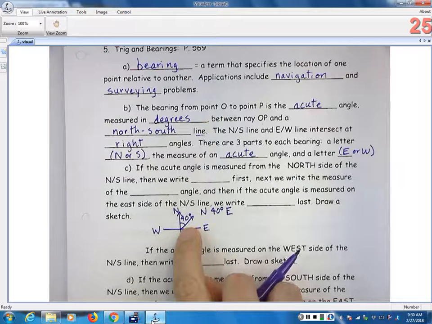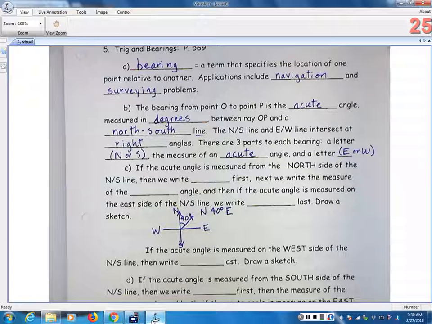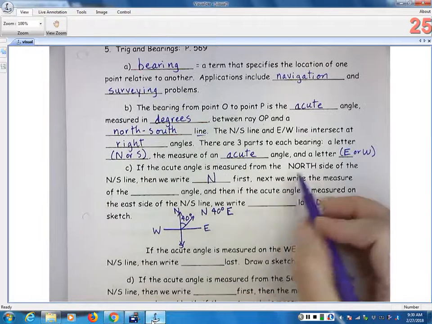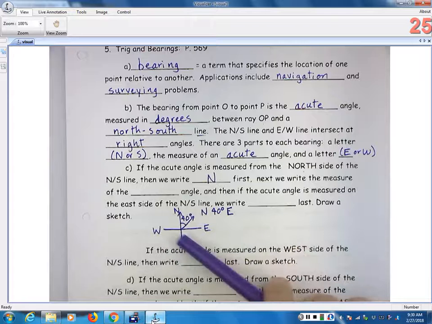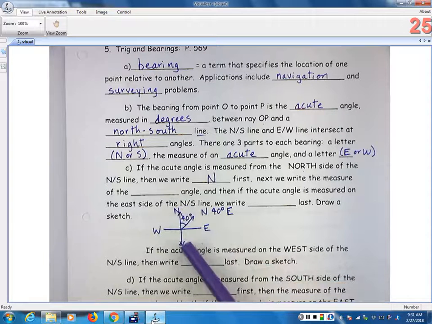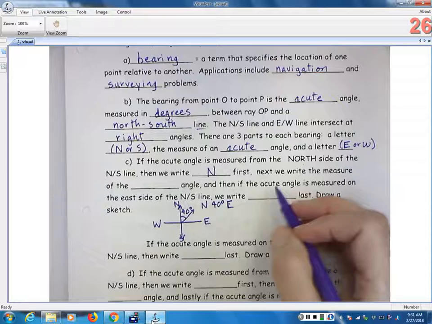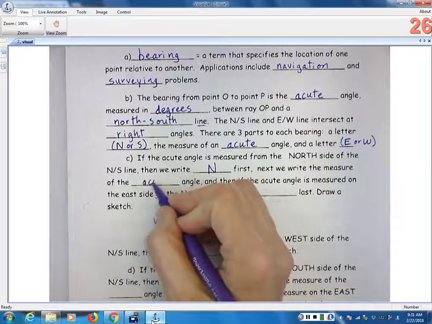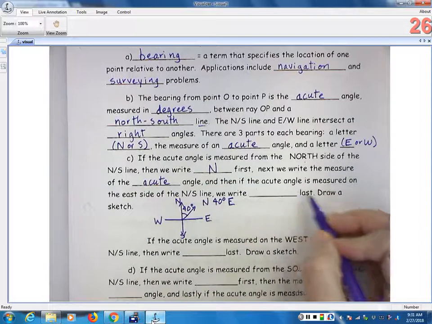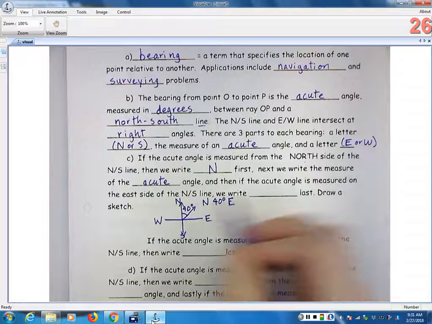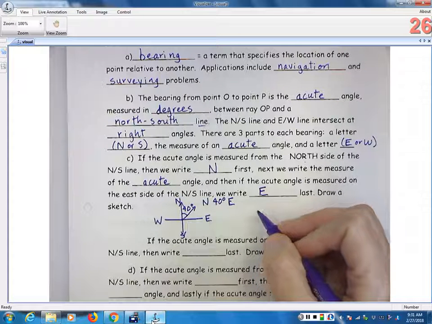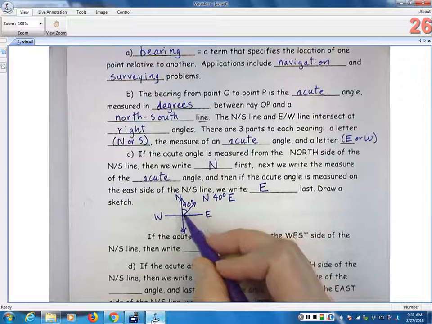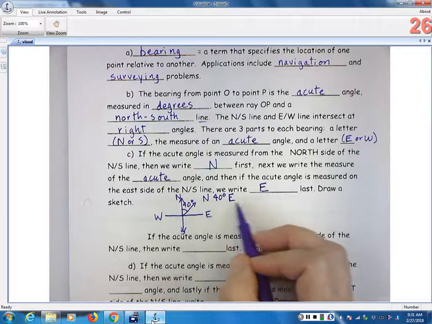That's that angle right there. So we write the N first if it's on the north side, and if it's down here, we write S first. Next we write the measure of the acute angle, and then if the acute angle is measured on the east side of the north-south line, we write east. Draw a sketch. So this is north 40 degrees east, right here.